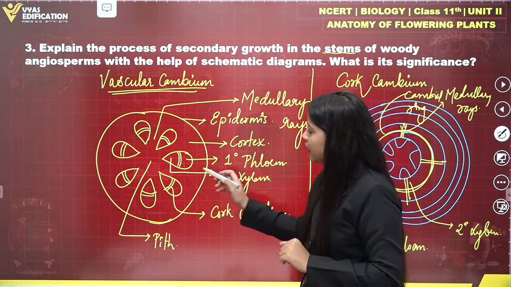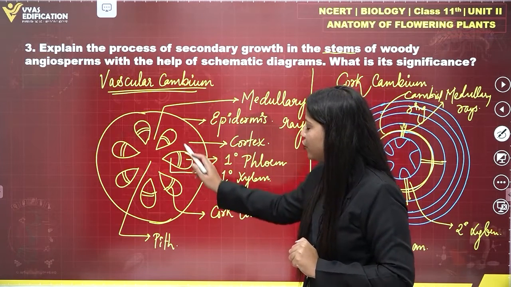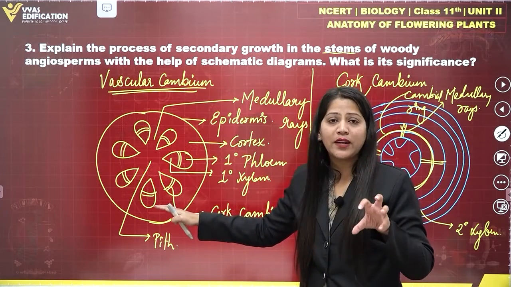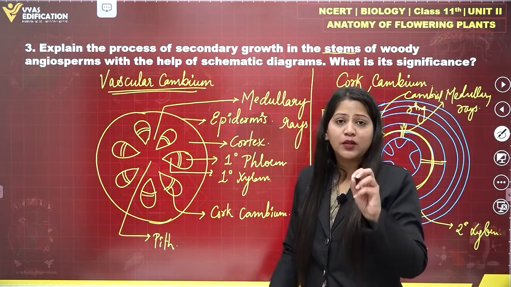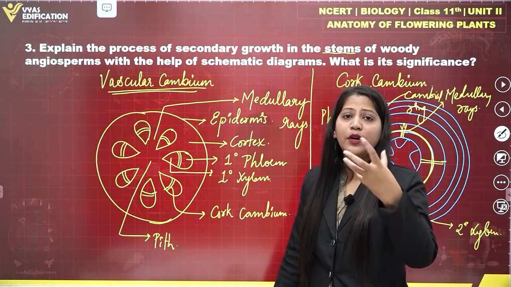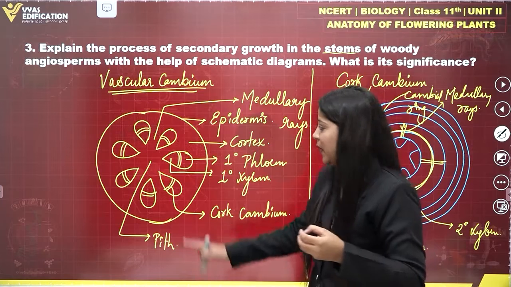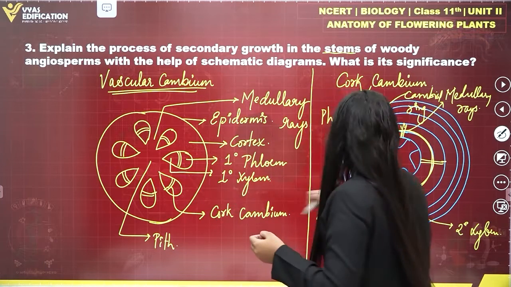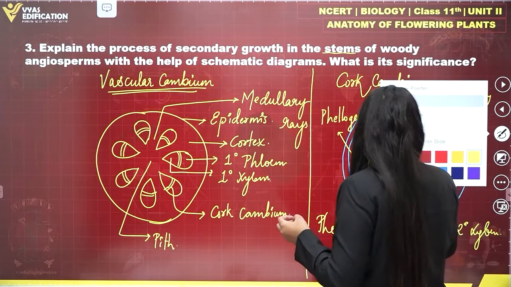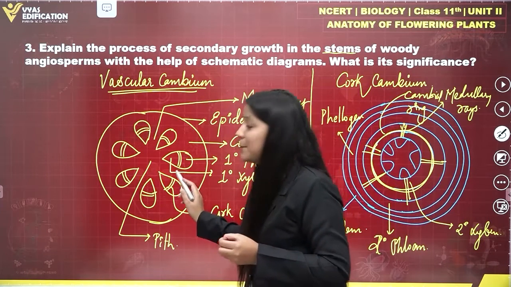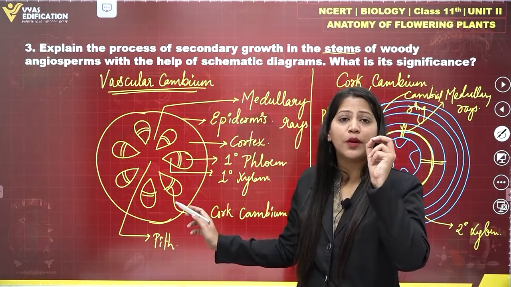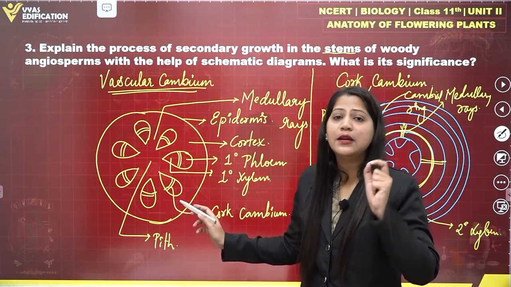Now, the cells present between the bundles are known as medullary rays. These cells of medullary rays are going to form another kind of strip between these bundles, known as the interfascicular strip.